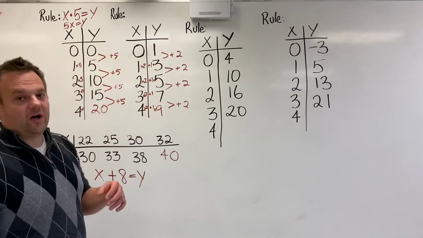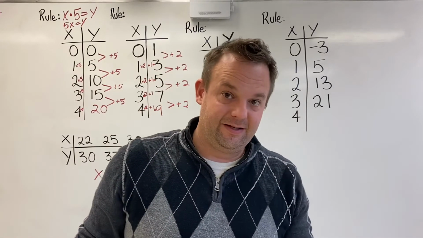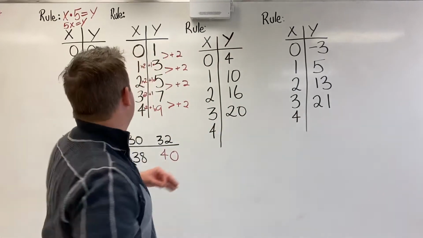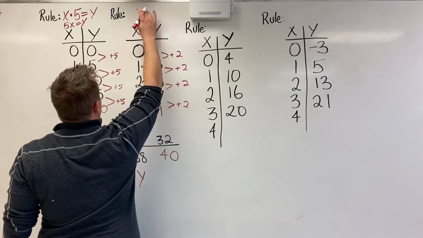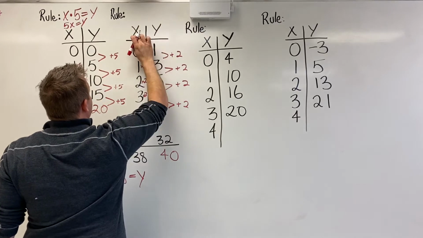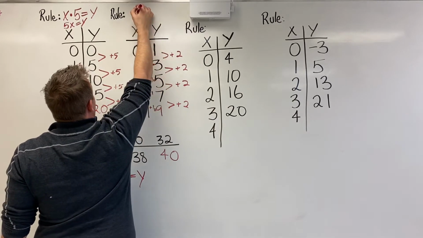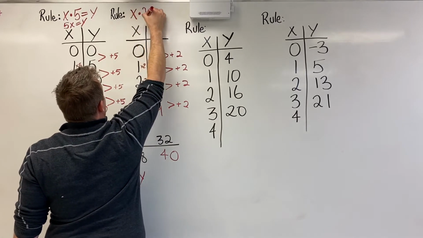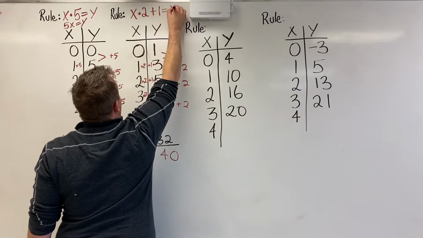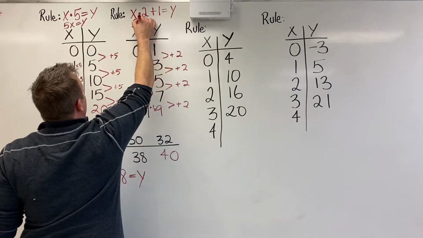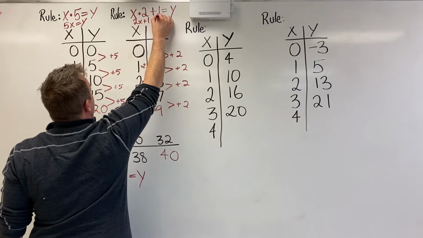Okay, so therefore, the rule is times 2 plus 1. Now, if you were in 5th grade, you'd write times 2 plus 1. But we're going to do the relationship. So, x times 2 plus 1 equals y. Or 2x plus 1 equals y.